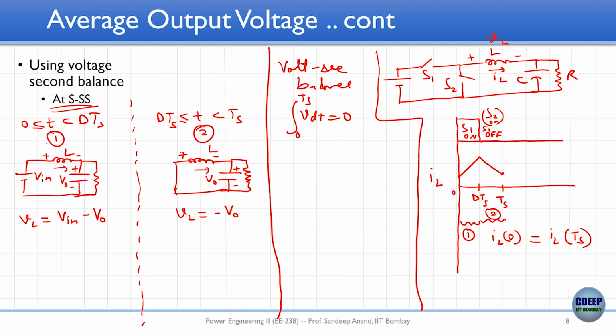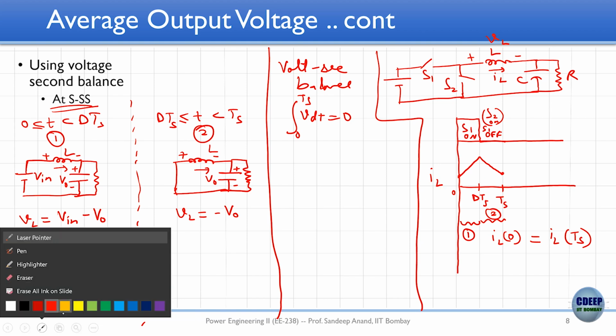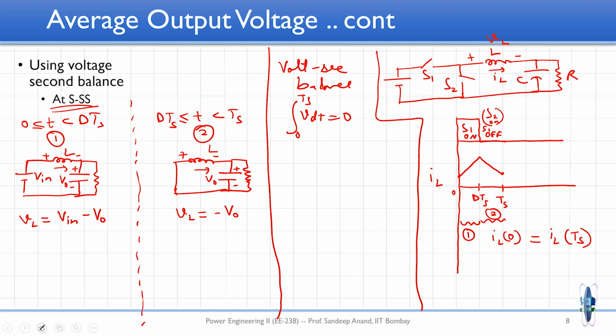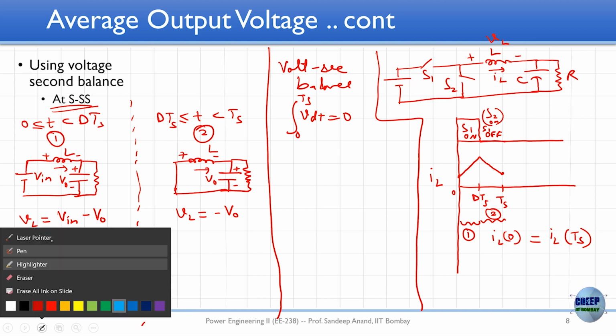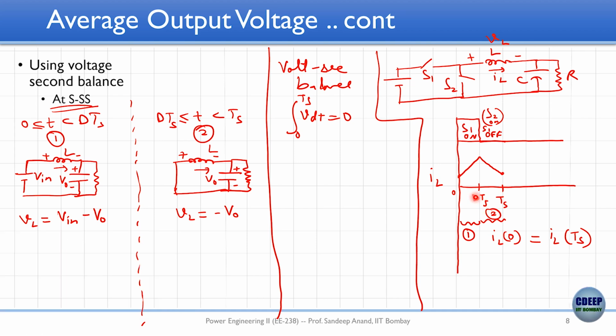I know that during this first phase period, 0 to dTs, you can see that the equation is VL is equal to Vin minus Vo. It remains same from 0 to dTs, and from dTs to Ts we have VL is equal to minus Vo. So, I am just going to substitute these two things in the integral.